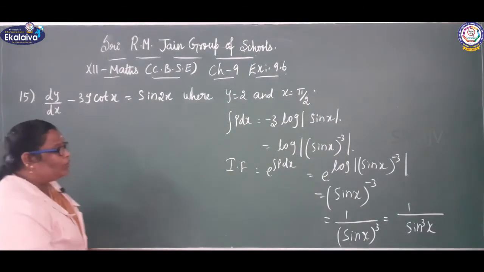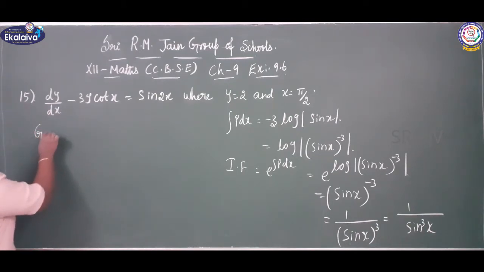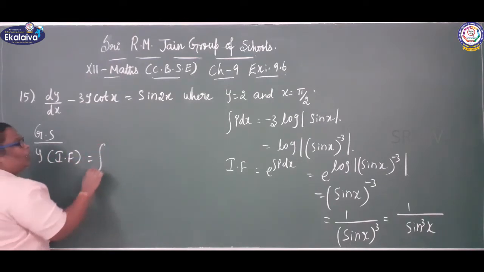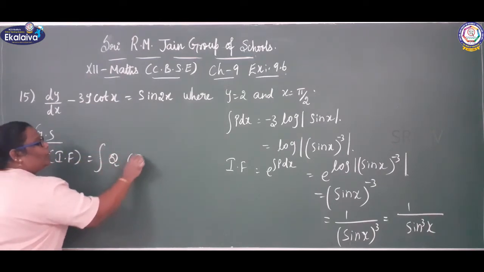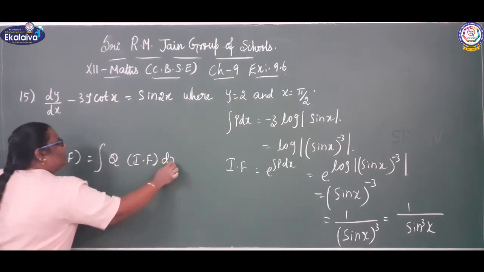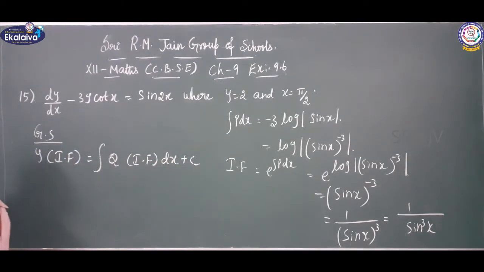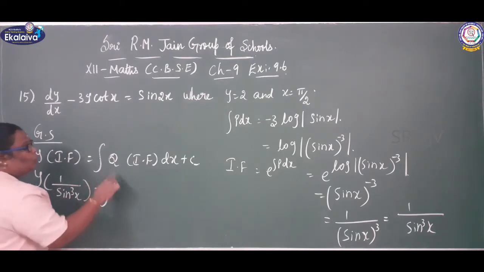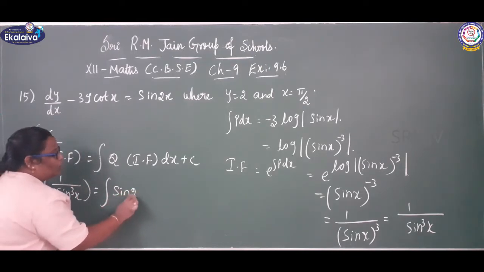See the general solution: y into integrating factor equal to integral q into integrating factor into dx plus c. What is the integrating factor? 1 by sine cube x. So y into 1 by sine cube x equal to integral, q value is what? Sine 2x.